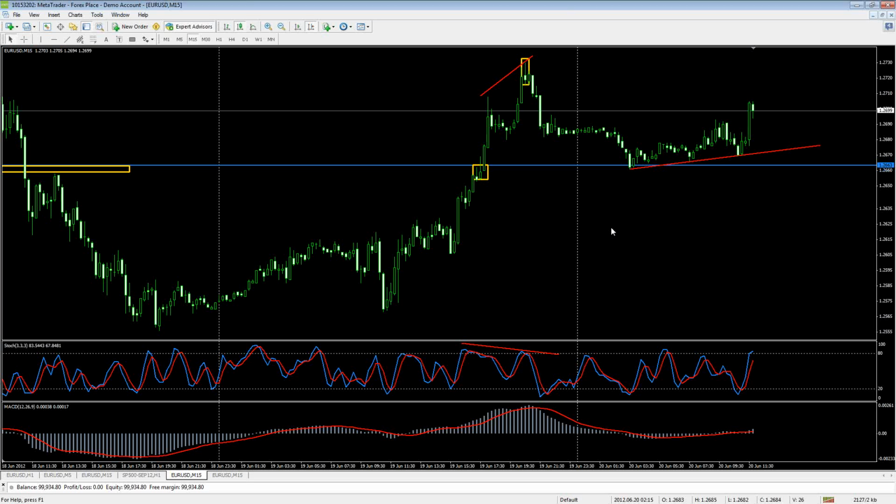Don't enter every other candle. Don't enter just because you're sitting in front of the chart and you think, let's enter because I'm already sitting here. Wait for these clear signals or for these nice areas where you can take safe, good trades.